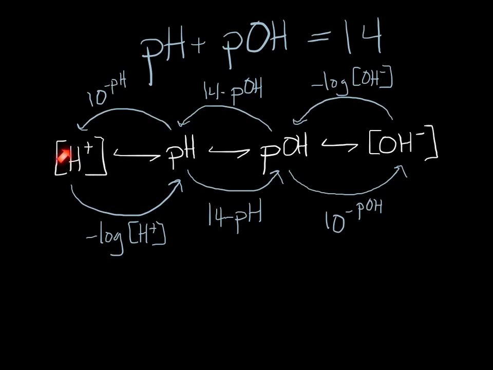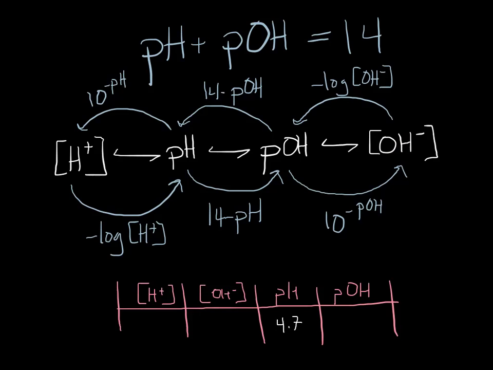If we have the H+ concentration and wanted to find the OH- concentration, we would convert to pH, and then from pH to pOH, and then from pOH to OH-. If we have the pH, we can find the H+ concentration, the pOH, and the OH- concentration. So any of these 4 pieces of information can be converted to any of the other ones using these calculations.